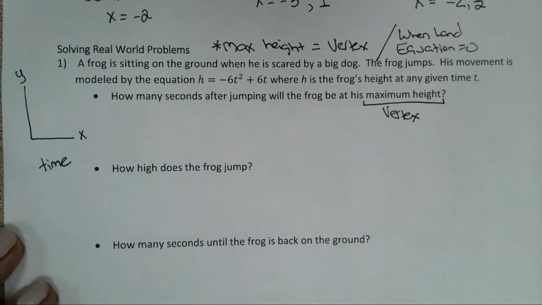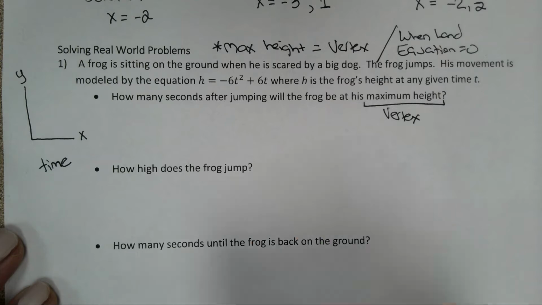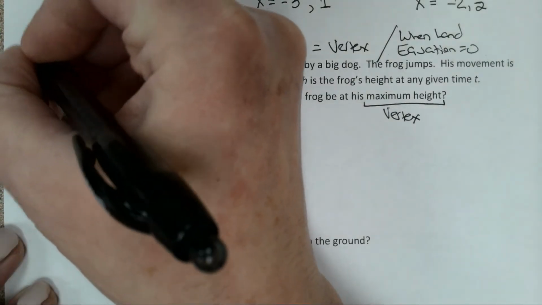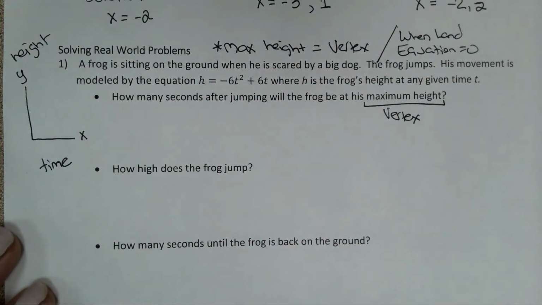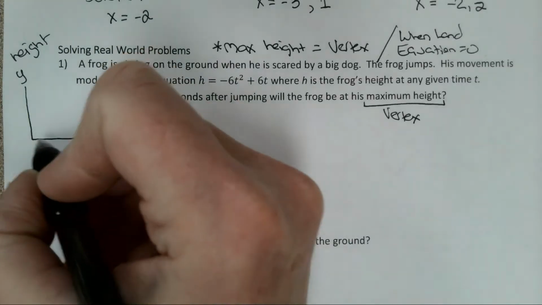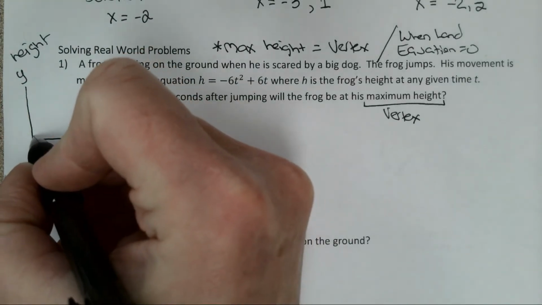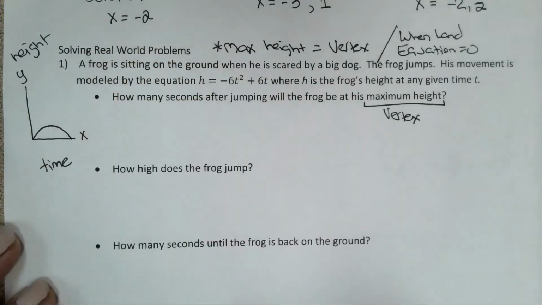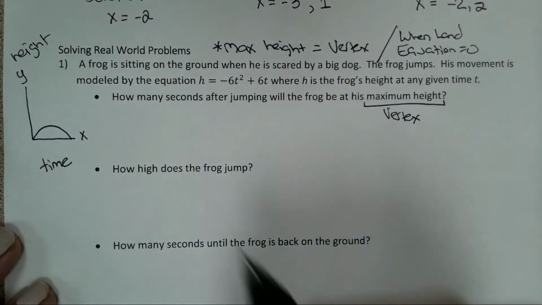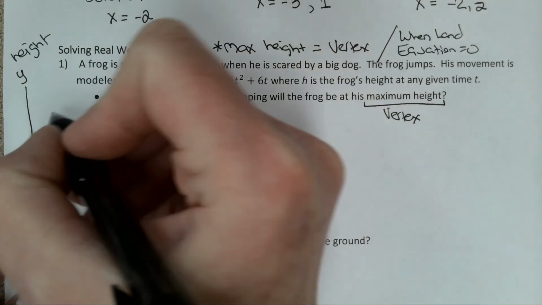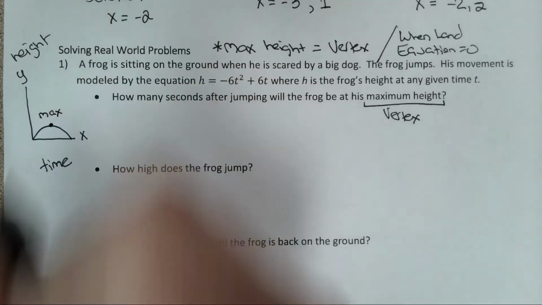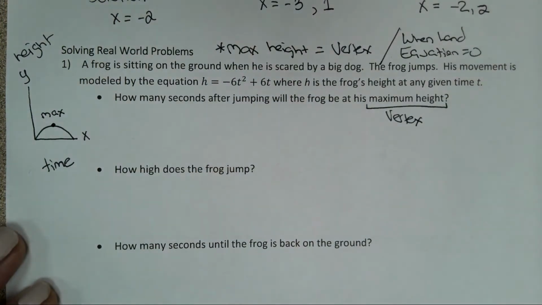So that means time goes on your x-axis, and that means height goes up on your y-axis. So the frog jumps up, and then he lands again. So right here is where he's at his maximum height, and that is the vertex.